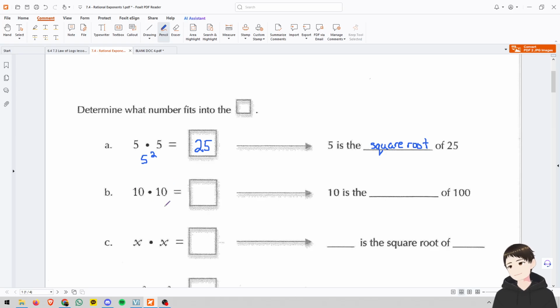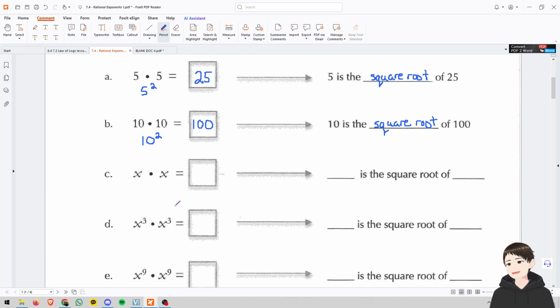Anyways, 10 times 10, that would be 100. So 10 is the square root of 100. And I could write this as 10 to the power of 2.